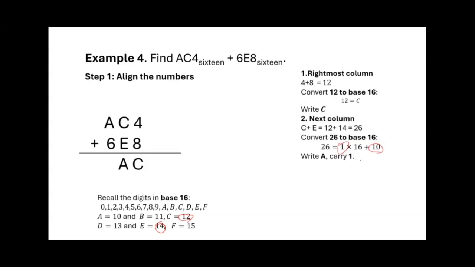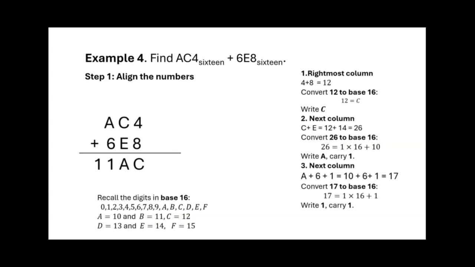So the 1 goes on the place of the 16s, and in the place of the units, I need the symbol that represents 10, which is an A. So I write down the A in the column, and then I carry a 1 onto the next column.